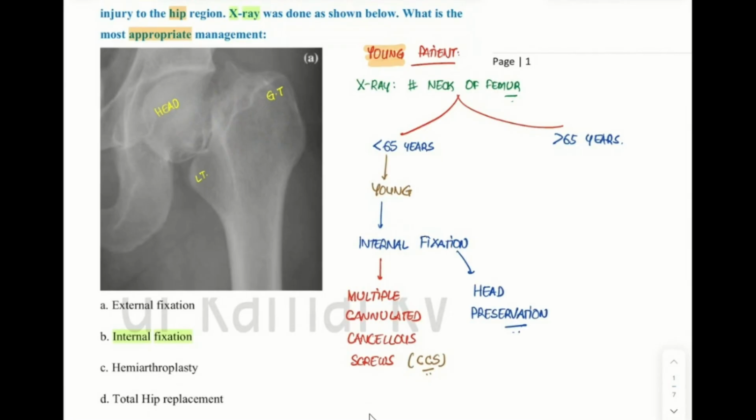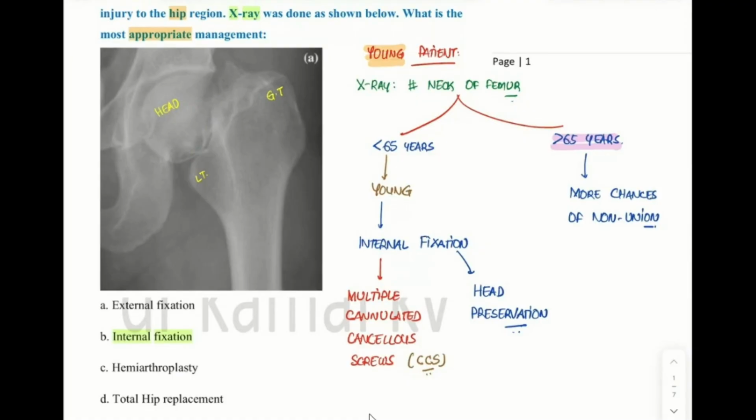Now what happens in a case of elderly people more than 65 years? There are more chances of non-union. It means there are high chances that the fracture might not unite despite doing any internal fixation, and that may be related to osteoporosis or the poor purchase of the implant.